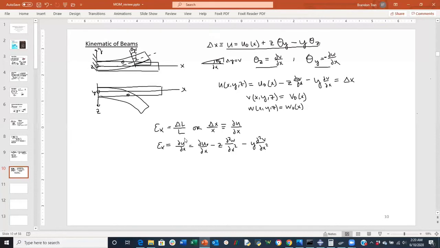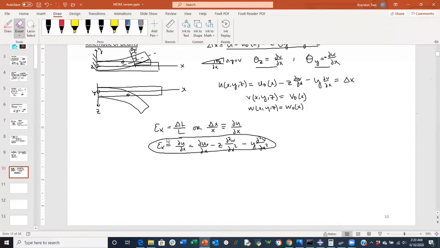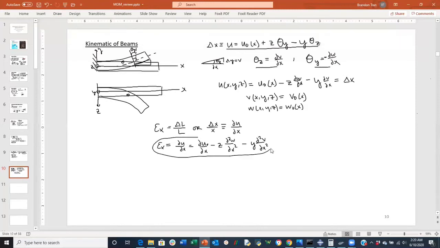And you yield this equation right here, which will be important for later. Hold on, let me box that a little better. So you yield this following equation right here.